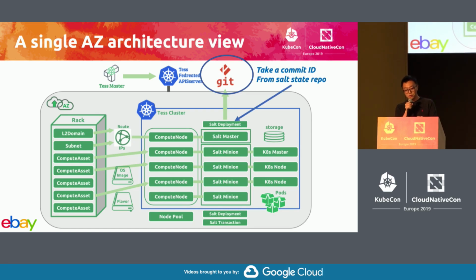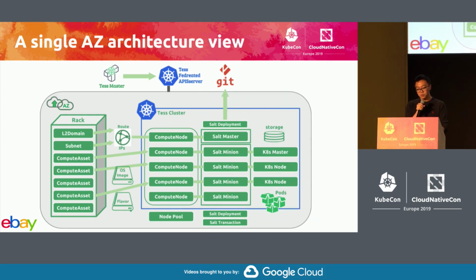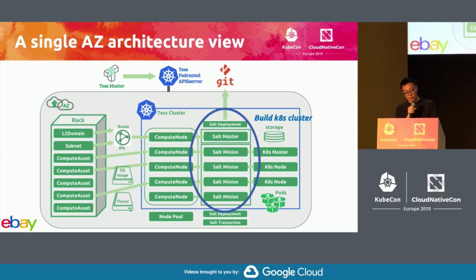Once you have the compute nodes provisioned, you can deploy your Kubernetes clusters. We use Salt to deploy Kubernetes. You can just go to Git. We have our Salt state repo to manage Kubernetes. You take a commit ID and put that into the Salt deployment object, which will create the Salt master for you. And we are going to run Salt minion on those compute nodes based on their different roles.